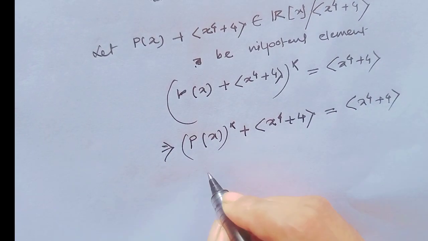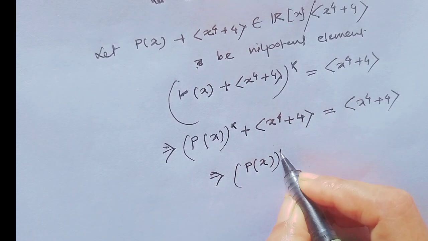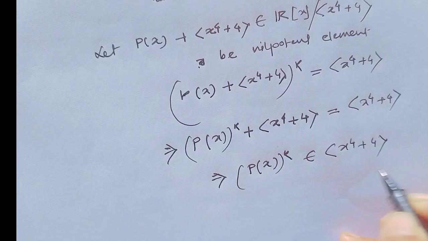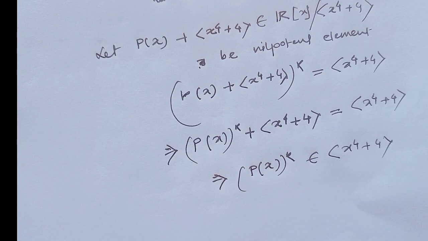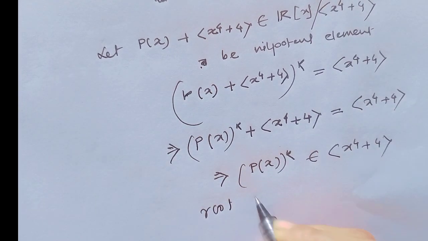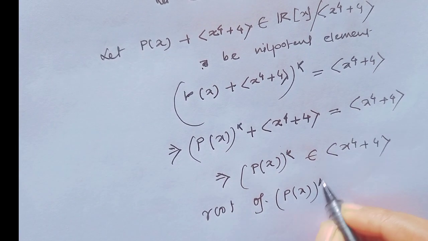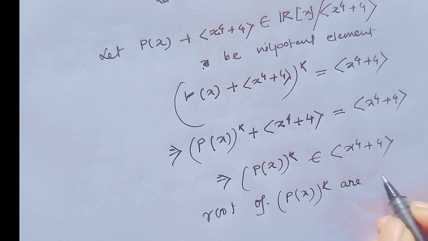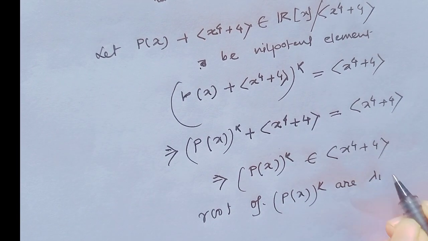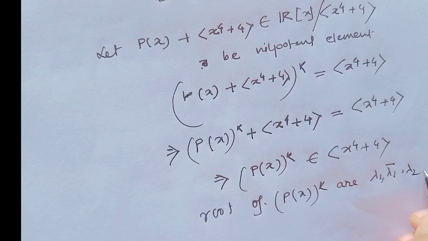That implies p(x)^k belongs to ⟨x⁴ + 4⟩, and the roots of p(x)^k are λ1, λ1 bar, λ2, λ2 bar.